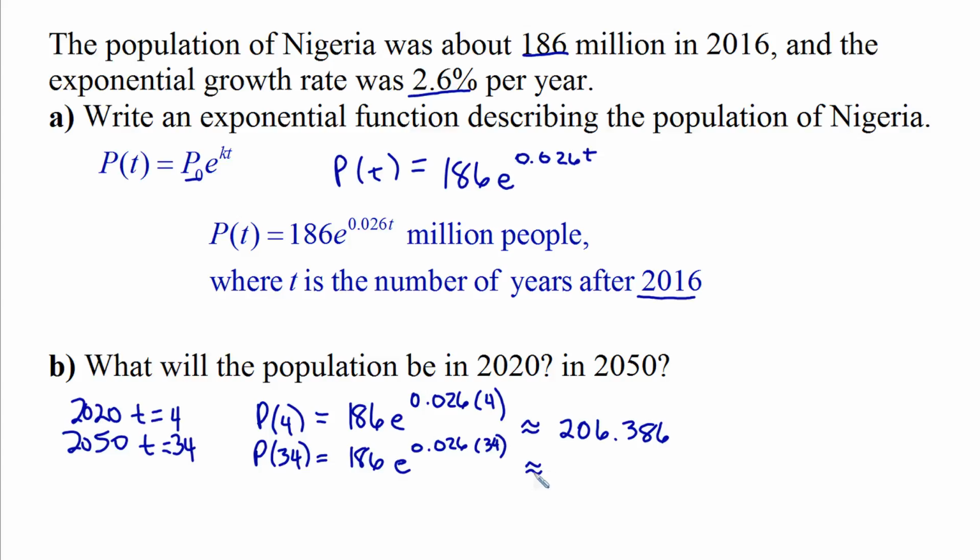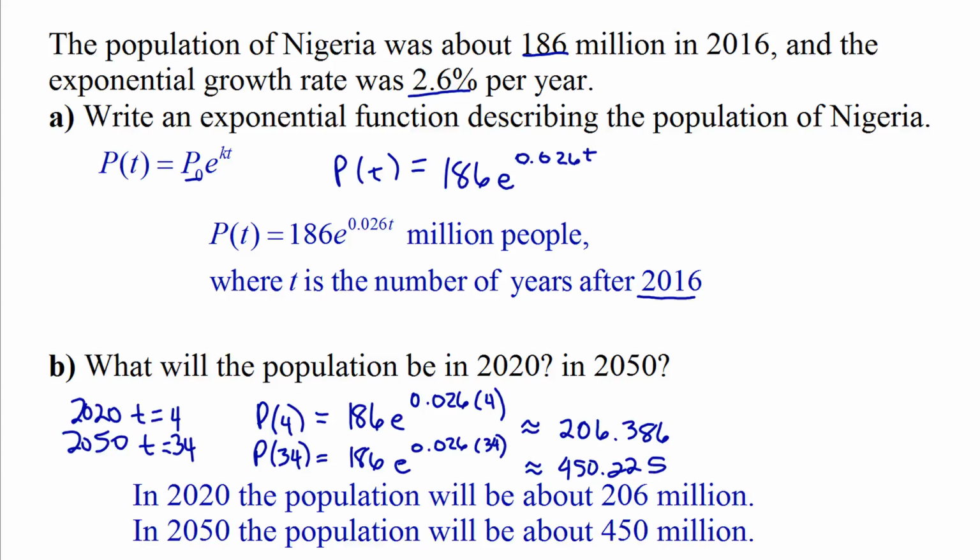Typing this in a calculator, we get approximately 450.225. This tells us that in the year 2020, the population will be about 206 million. And in the year 2050, the population will be about 450 million.